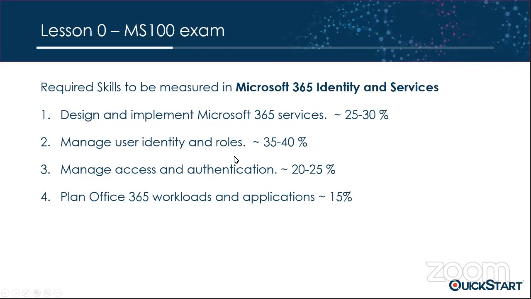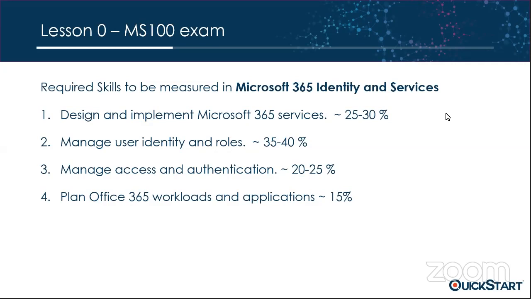Microsoft 365 Identity Services has 4 main areas in this exam. Number one is designing and implementing Microsoft 365 services, which covers 25 to 30%. The second has 35 to 40%, the major part, I would say the largest share in this exam. That is manage user identity and roles.